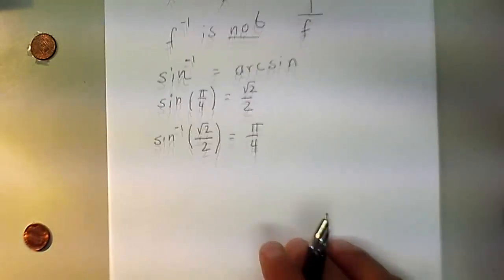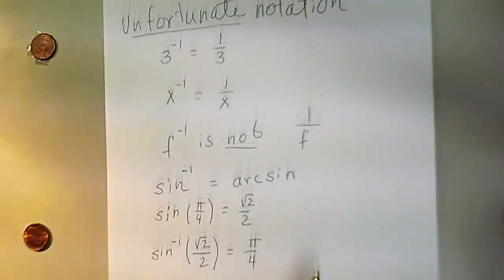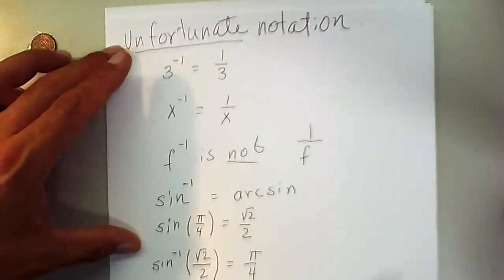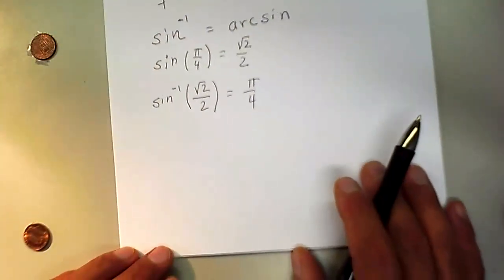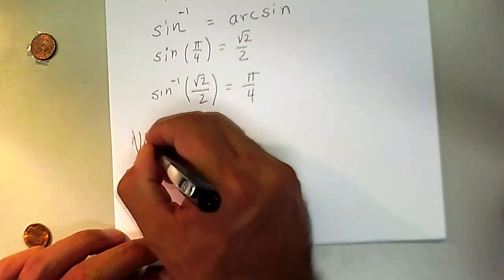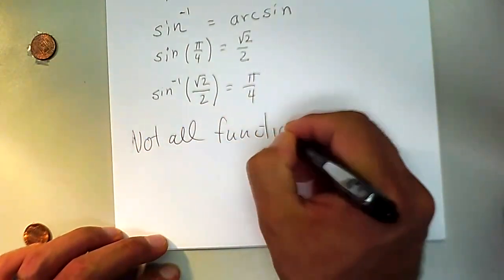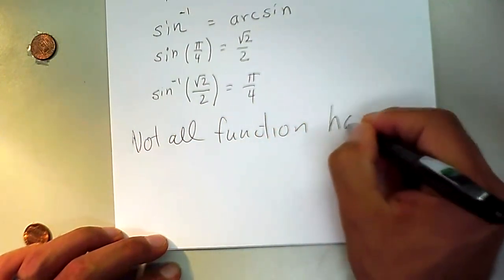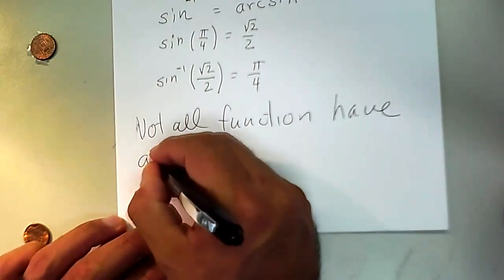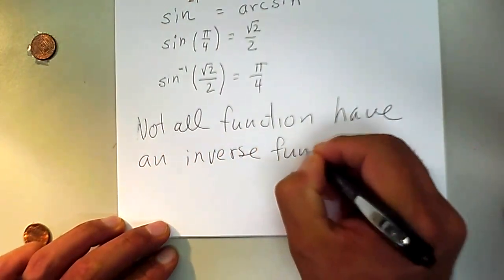Well, except that it causes a little bit of feelings. Now, okay, so this is the general idea of what the inverse does. We got some notation. And now there is a fact: not all functions have an inverse function.